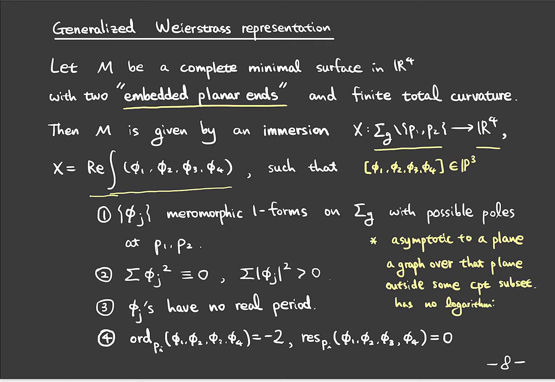So if all these 3 conditions are satisfied, we say that the end is an embedded planar end. So the round number 4, the number 4 here, exactly describes the conditions of the ends.